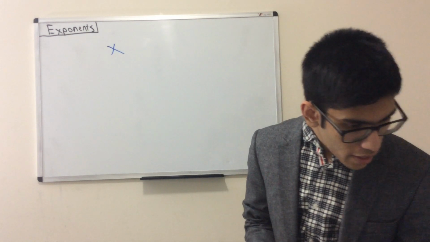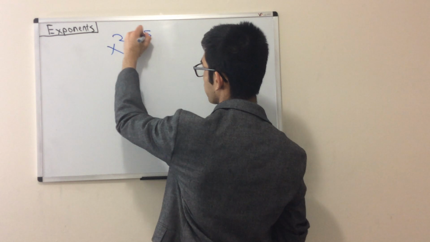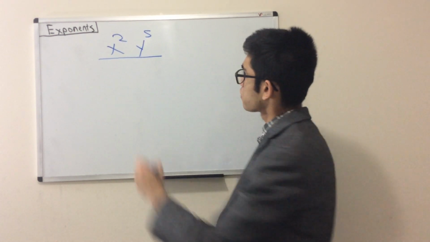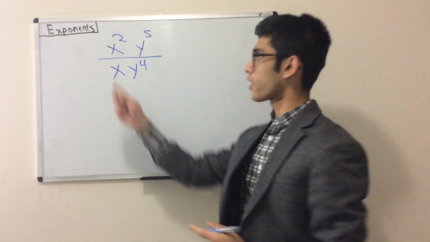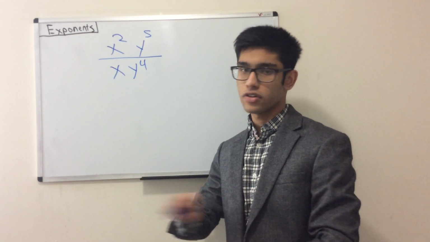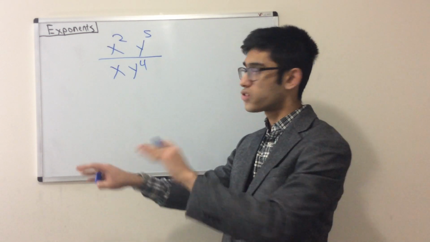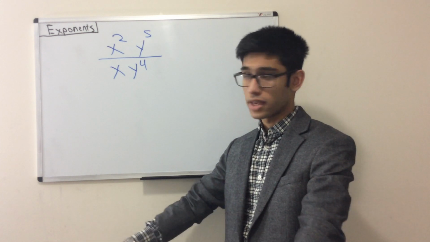So you have x to the power of 2, y to the power of 5, being divided by x and y. Okay, great. So you have two variables here, x and y. If they're two different variables, don't attach them together. Don't do anything with them together. Just treat them separately, and your final answer will have them separately as well.